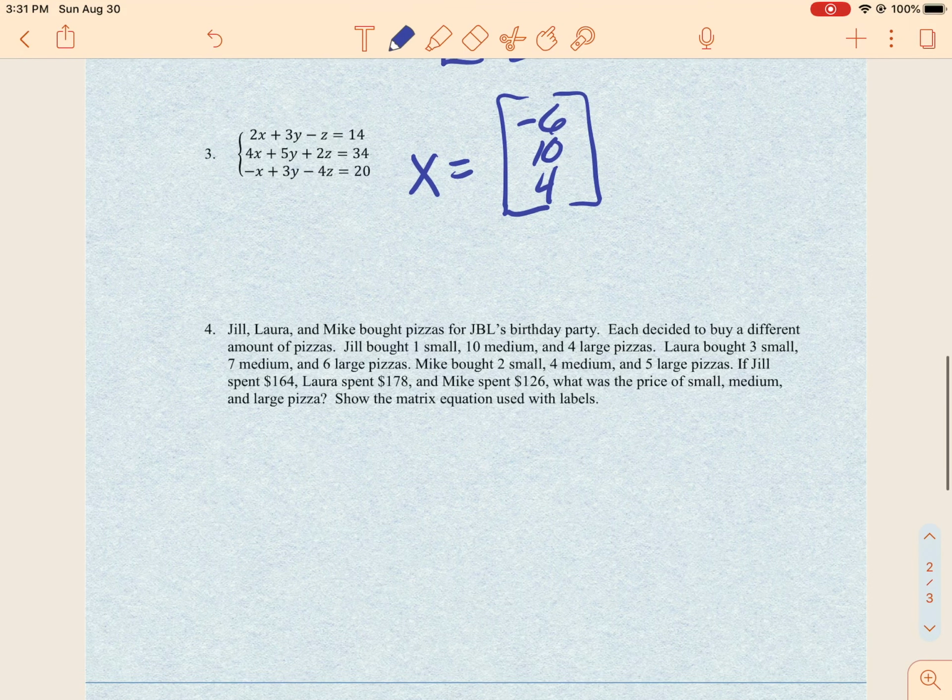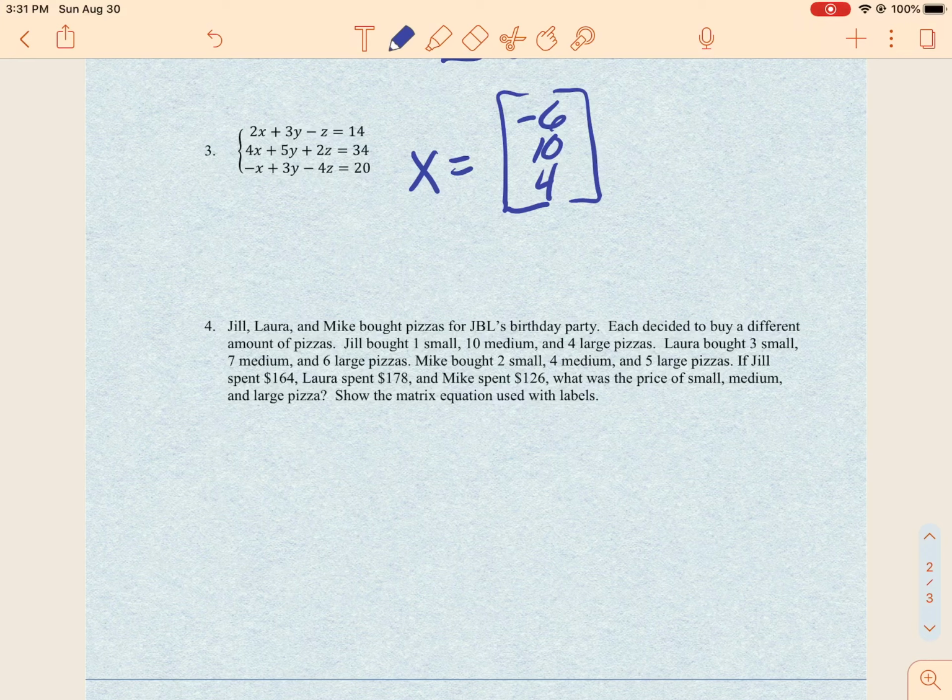And then for number 4, you want to set those matrices up, and just to give you a hint, you have Jill, Laura, and Mike. You have small, mediums, and larges. So maybe do a different L than the one I had there.